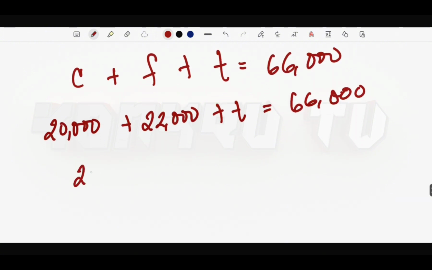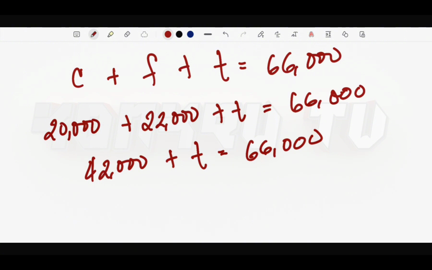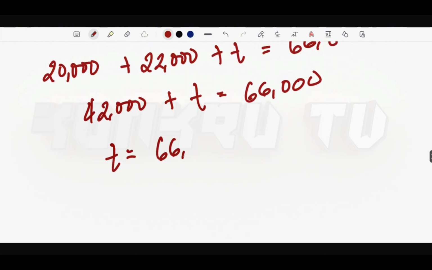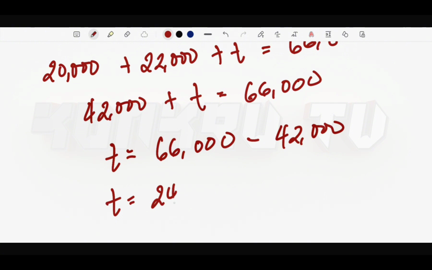So meron tayong 42,000 plus T is equal to 66,000. So T is equal to 66,000 minus 42,000. So, ilan yan? $24,000.